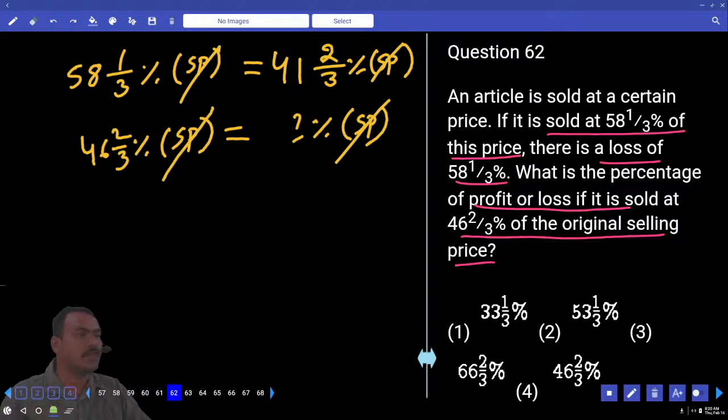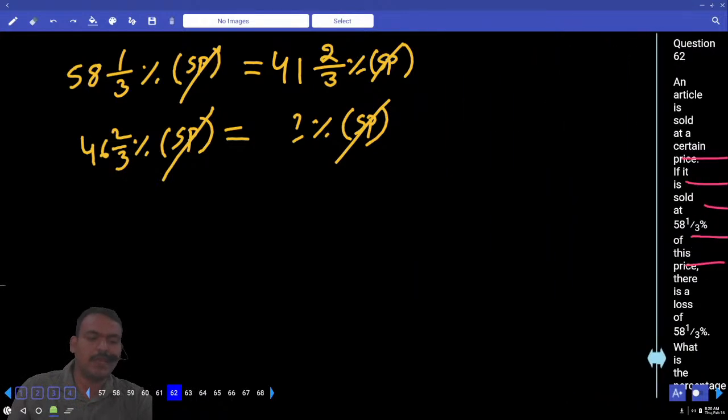If the question mark value is more than 100, is it profit or loss? Profit. Less than 100, loss. Obviously 46 2/3% is less than 41 2/3% or more than 41 2/3%? Less than 41 means we get a loss value or a gain value? Loss value, or not?